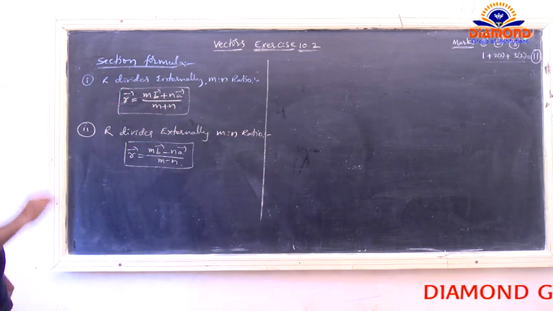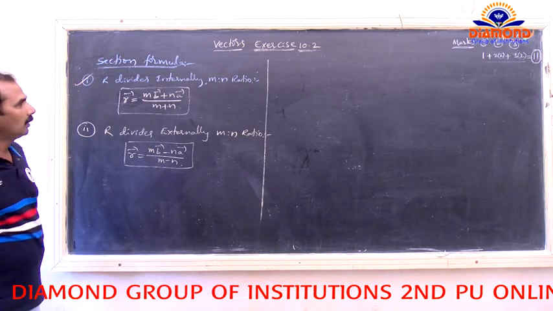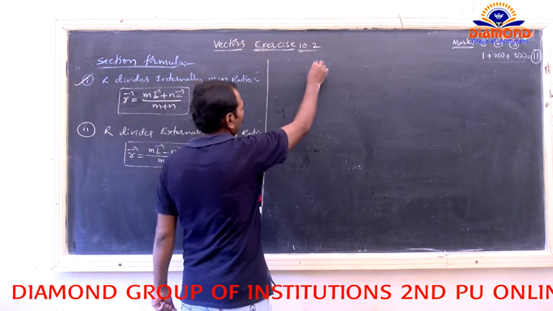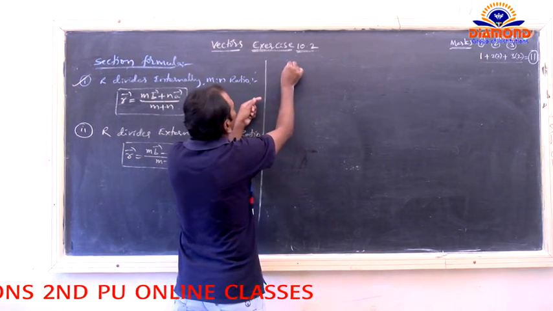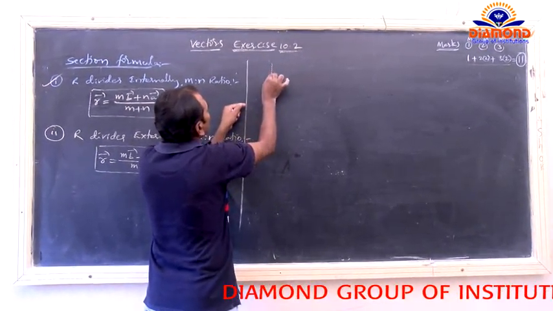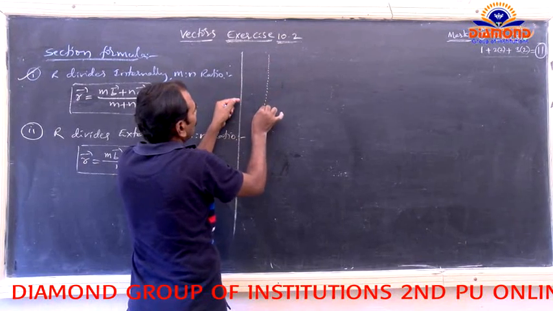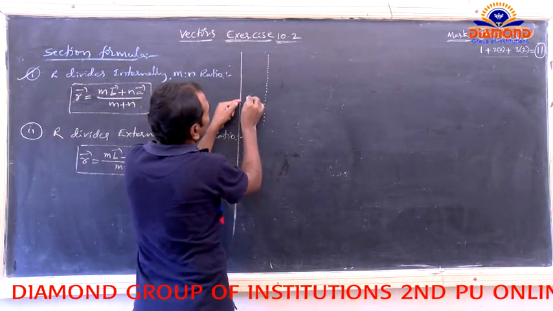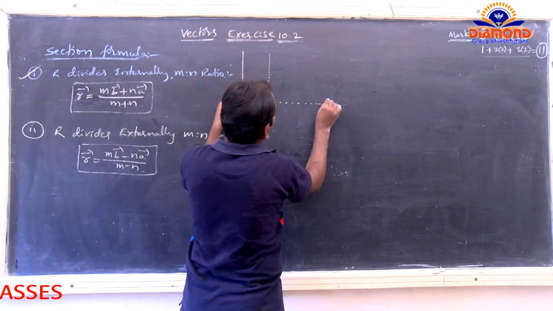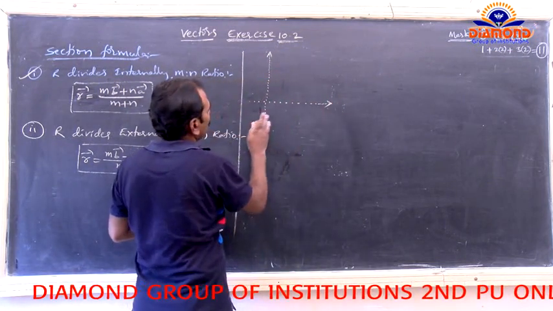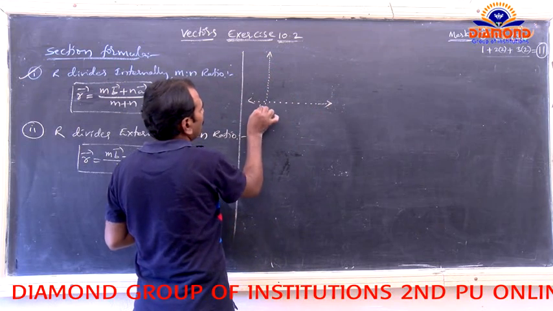So first of all, internally. First we draw the diagram. It means like this. If you think this is the y-axis, this is the x-axis, and this is the origin.